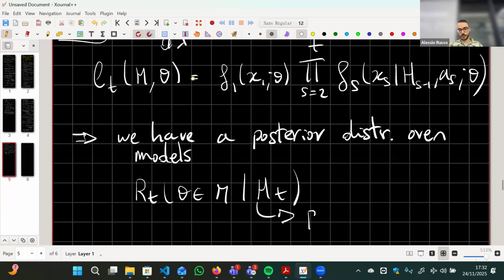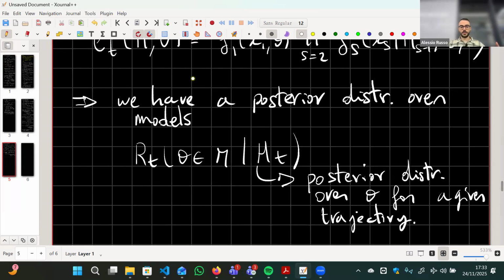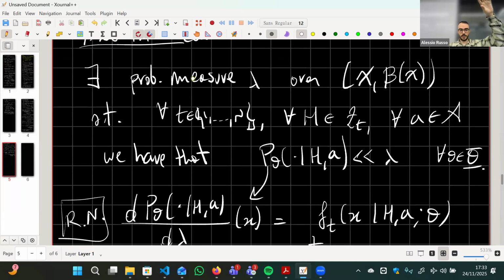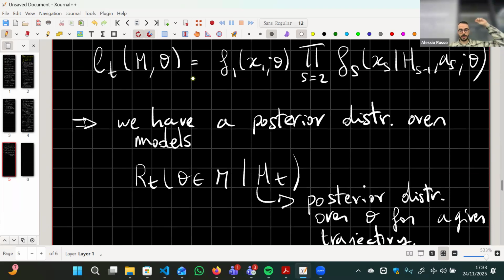So this is the posterior distribution over thetas for a given trajectory. From this assumption, we can show that it exists for every time step t.